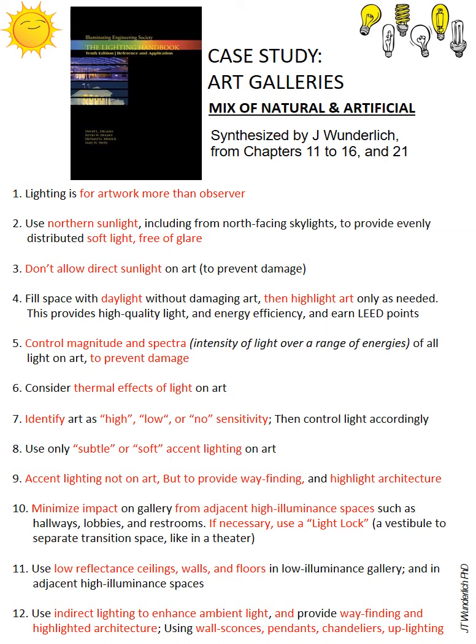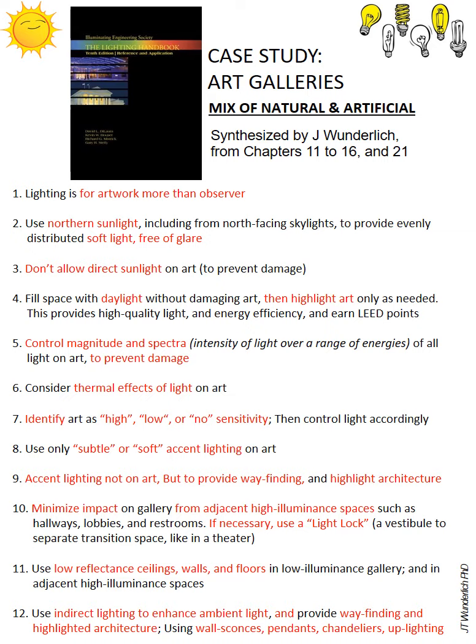Identify high, low, or no sensitivity art, so you light accordingly, or exhibit accordingly. Only use subtle or soft accent lighting. Not on art, but for wayfinding and highlighting architecture. Minimize impact from adjacent high luminance spaces. So you've got hallways and bathrooms, sometimes food areas.